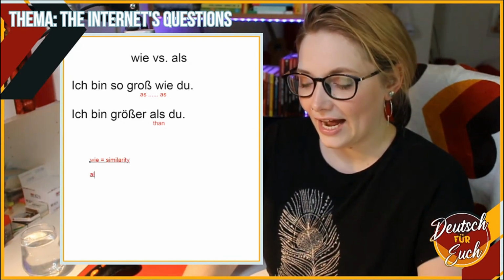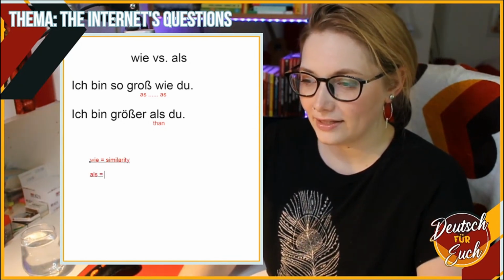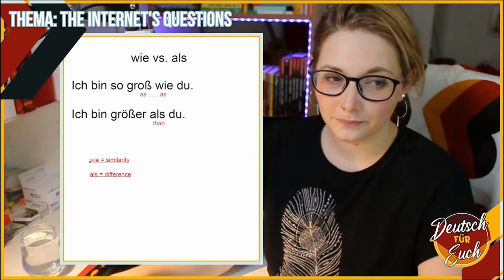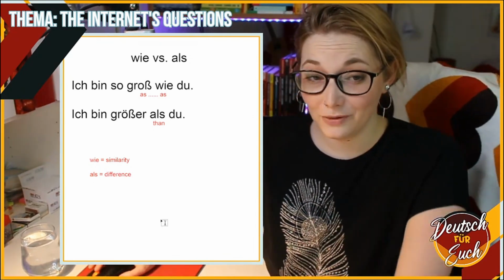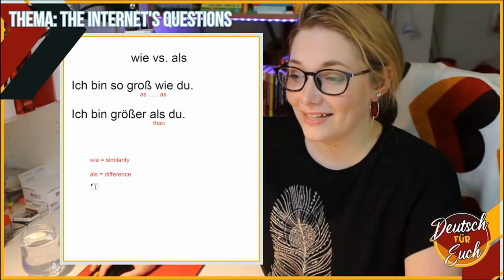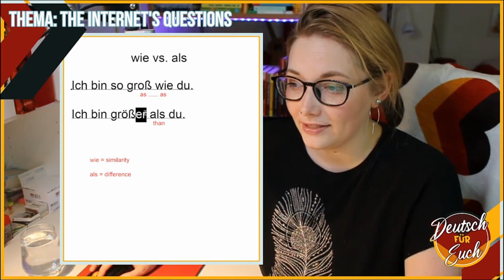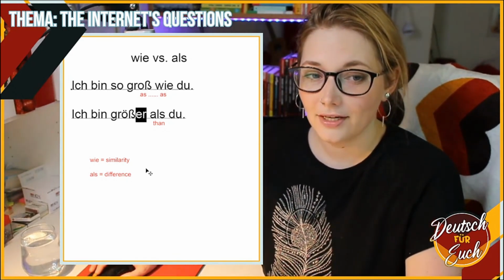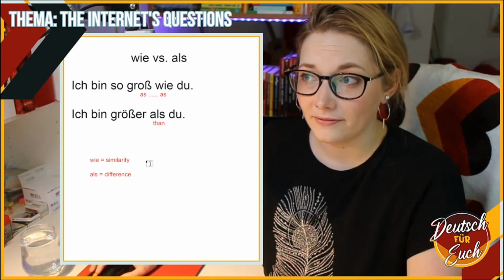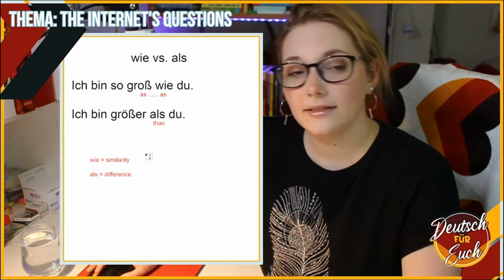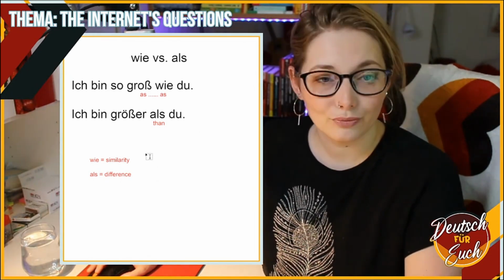Similarity. And als is when we're comparing things that are different. That's the whole mystery, which means als follows after things that end in er or after stuff like anders. Anders als du. Unlike you.